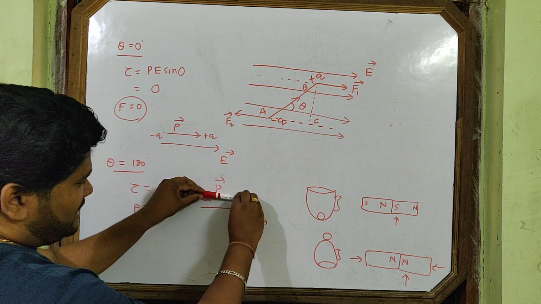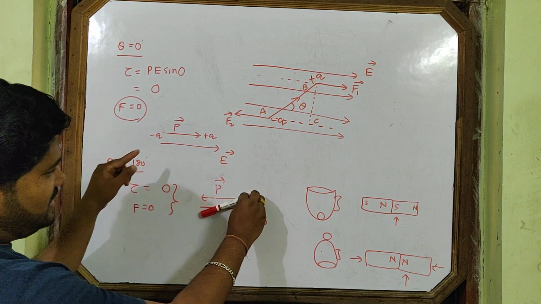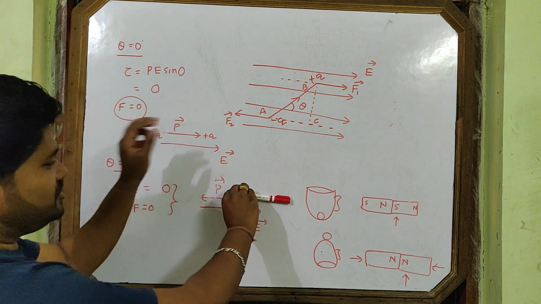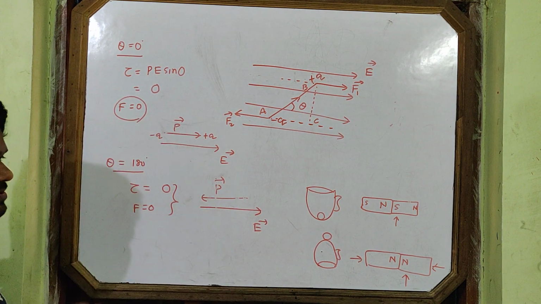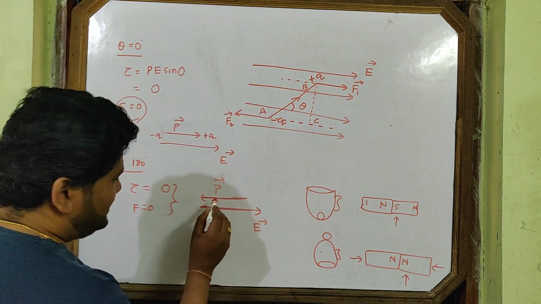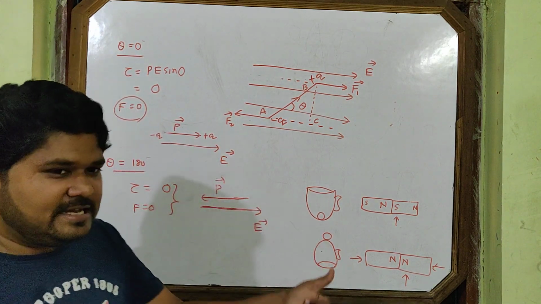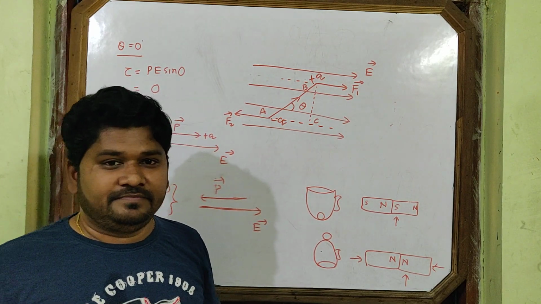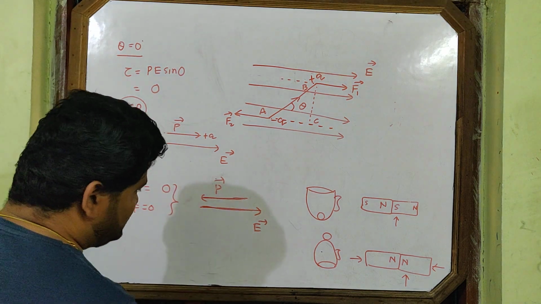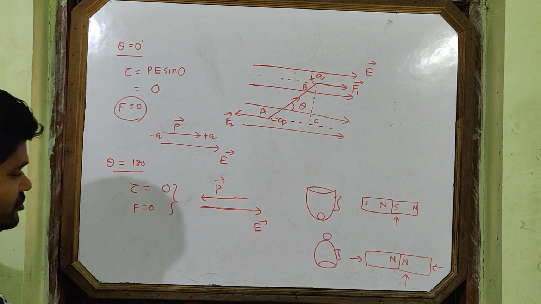If I disturb the dipole in the other direction, the dipole will rotate in this way and come to this position. The dipole will remain like this, but if you disturb it slightly, it will change its position completely. It comes to the stable equilibrium position. So theta equal to 180 is the unstable equilibrium position.